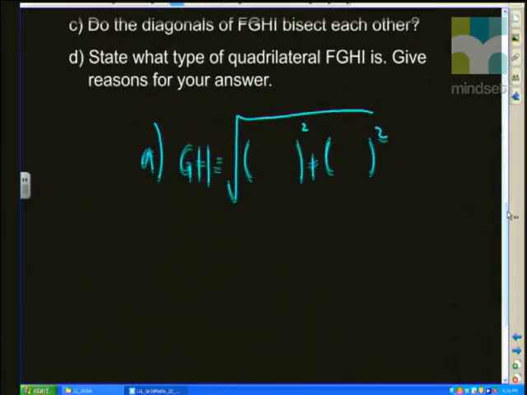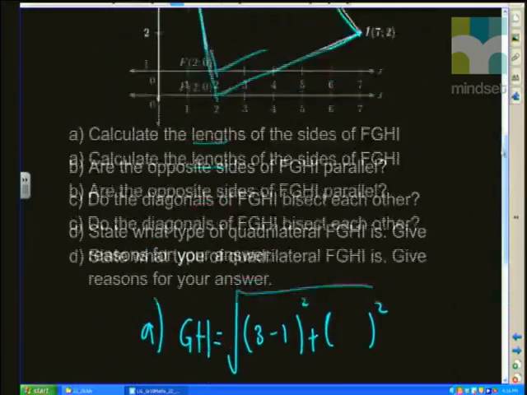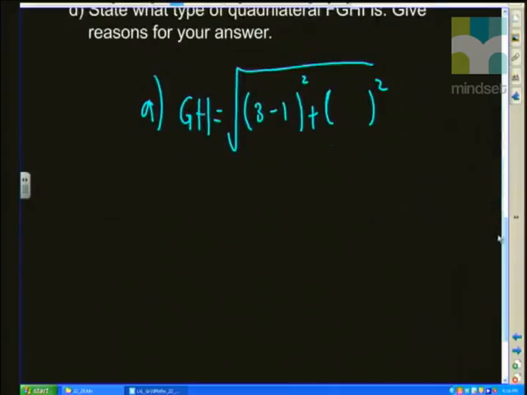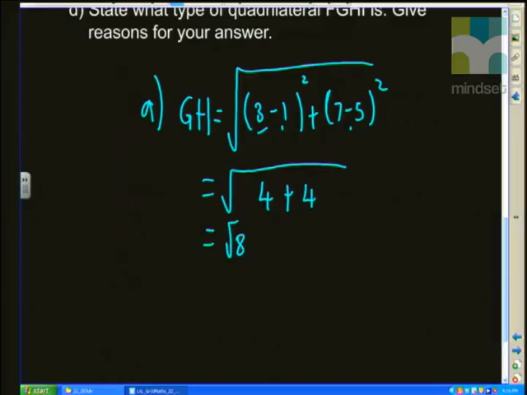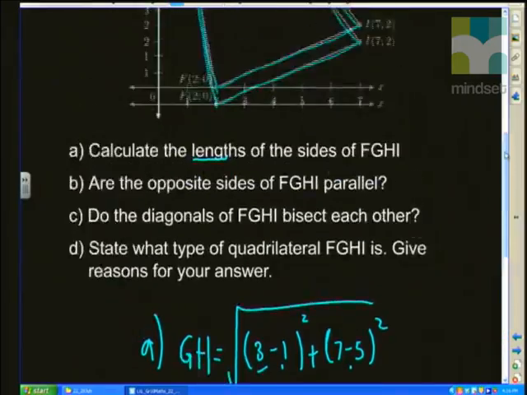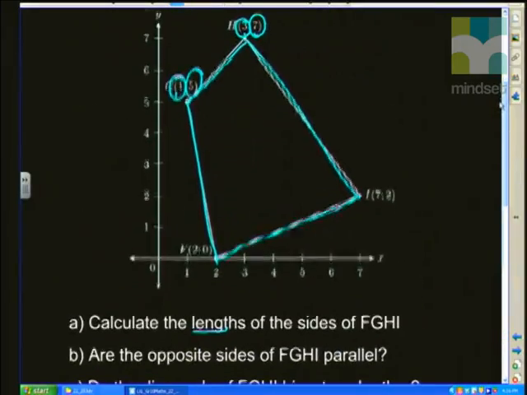So it's going to be 3 minus 1 squared plus 7 minus 5 squared. All right, so I'm going to get 3 minus 1 is 2, 2 squared is 4, plus 7 minus 5 is 2, 2 squared is 4. So this is going to give me root of 8. Okay? All right, so let's move on to the next one, which is finding the length of HI.